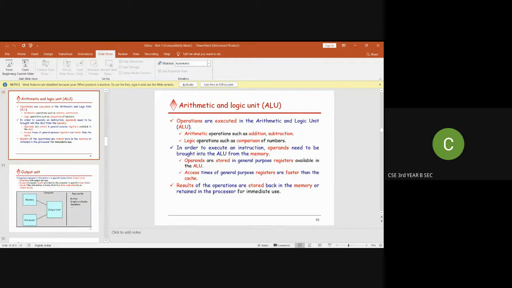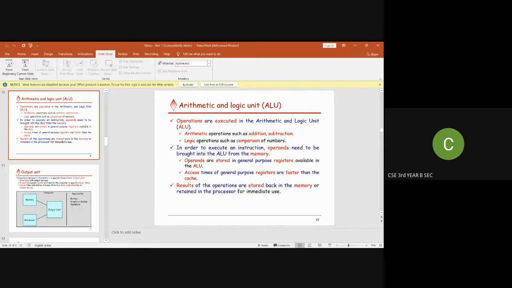Operands are always stored in a memory. Sometimes they are stored in registers also. The registers are also a very small temporary memory. It is used to store some data.